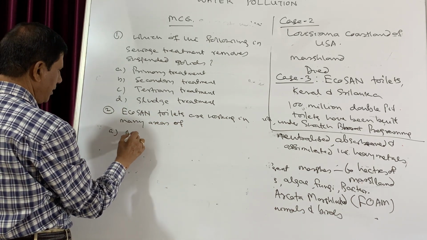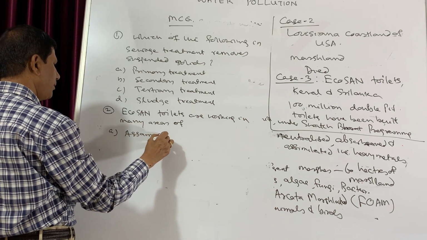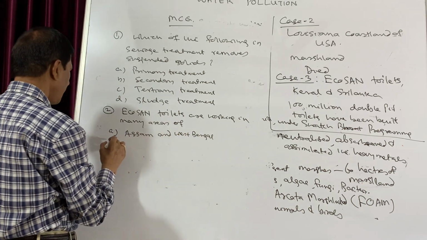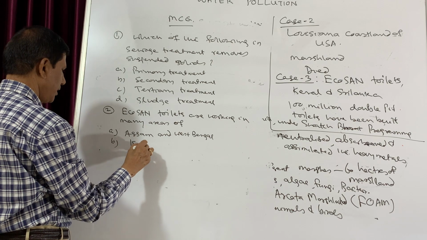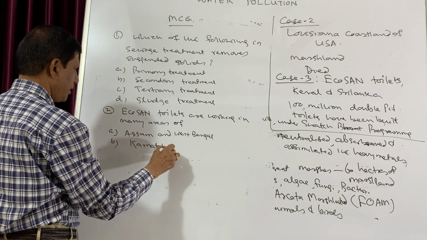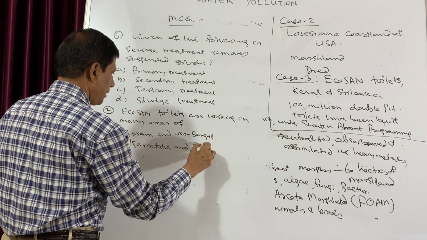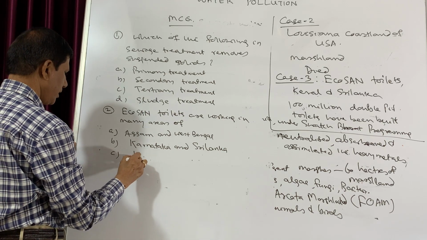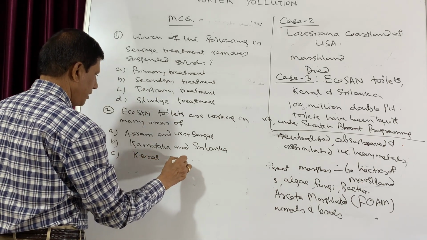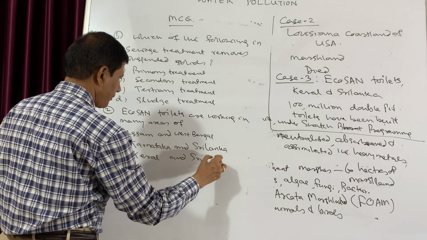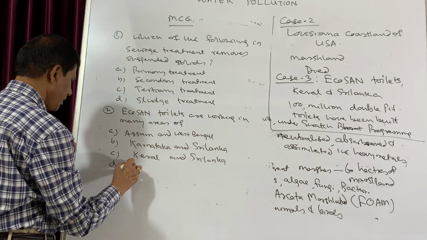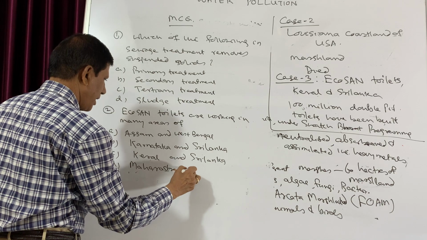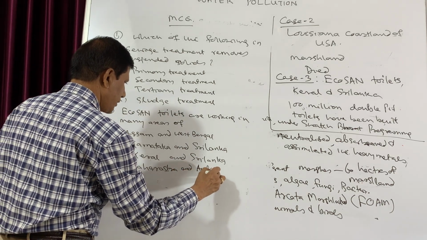Choice A, Assam and West Bengal; choice B, Karnataka and Sri Lanka; third choice, Kerala and Sri Lanka; fourth choice, Maharashtra and Andhra Pradesh.